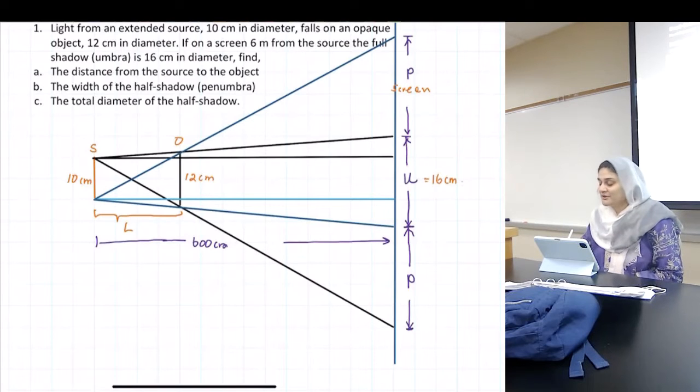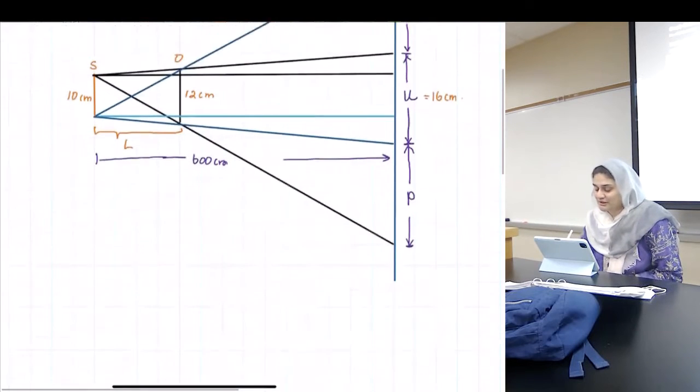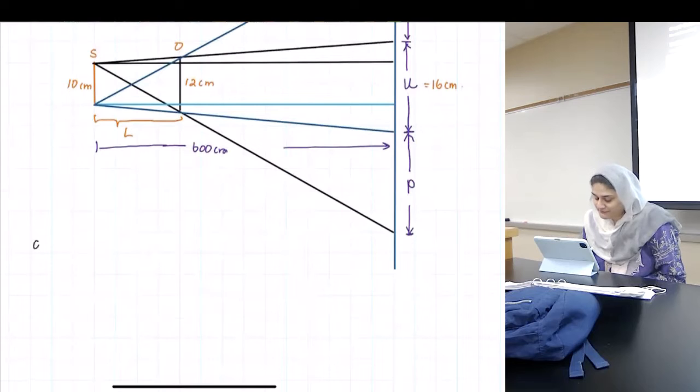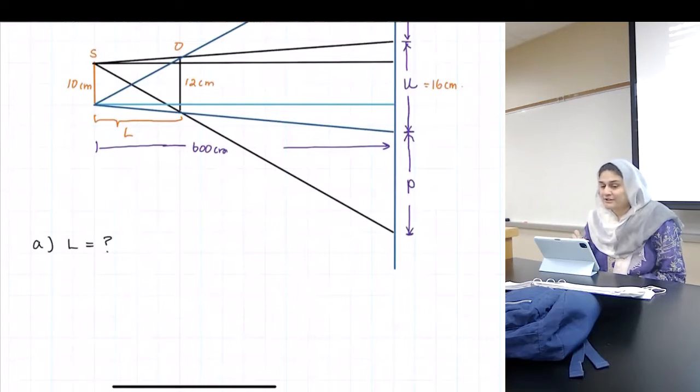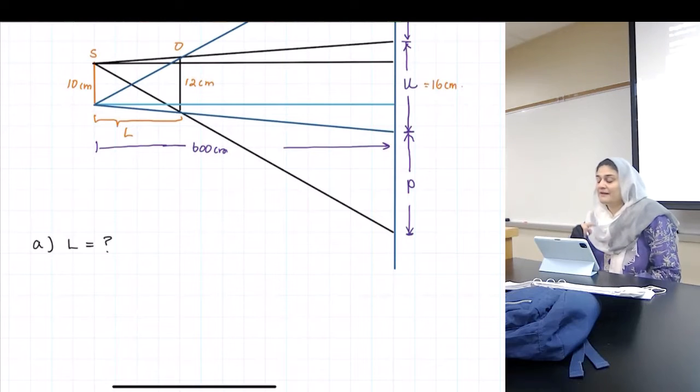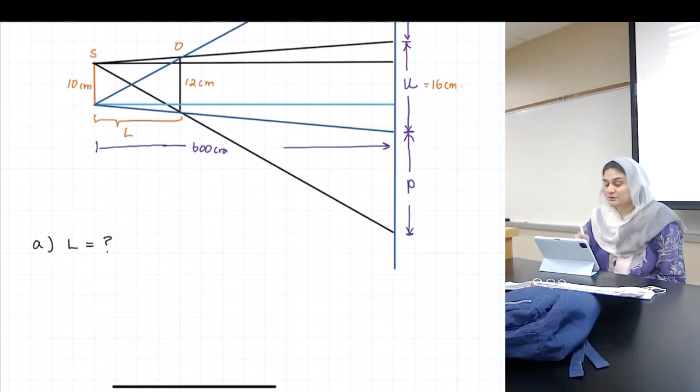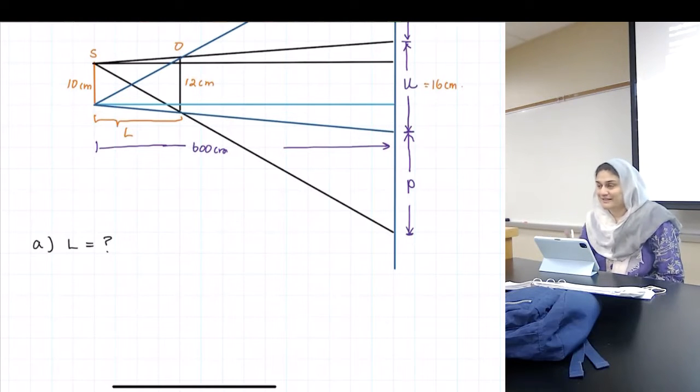Okay, so I'm going to use some geometry. In part A, I need to find L. The length of the object to the source and the length of the umbra to the source are related. So watch this.